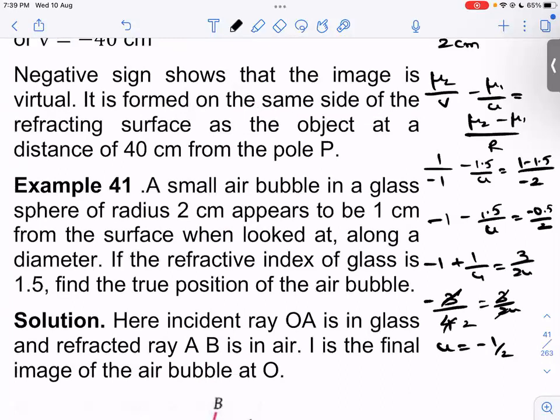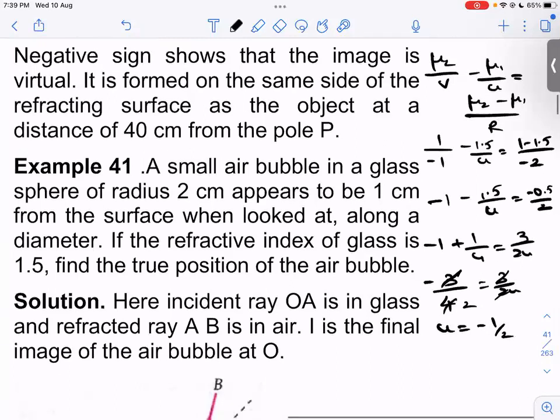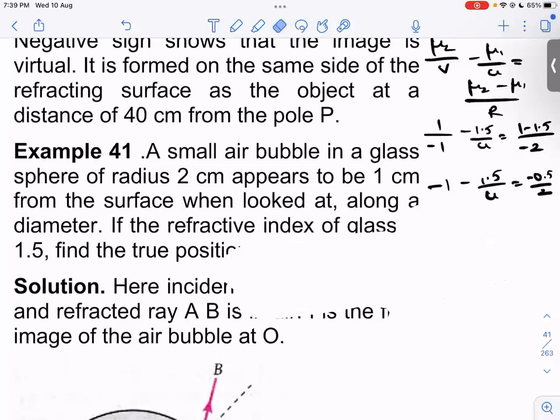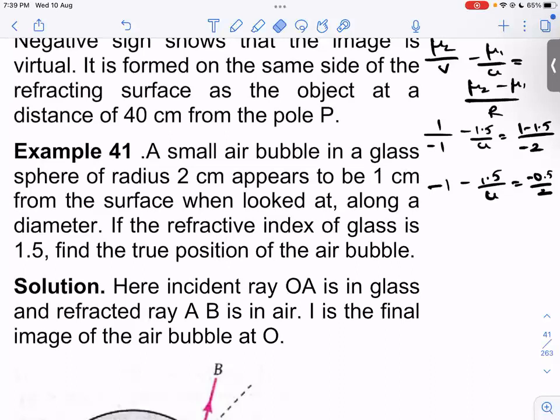Is there any calculation mistake? I think that is the answer. Minus 1 minus 1.5 by u is equal to... where?